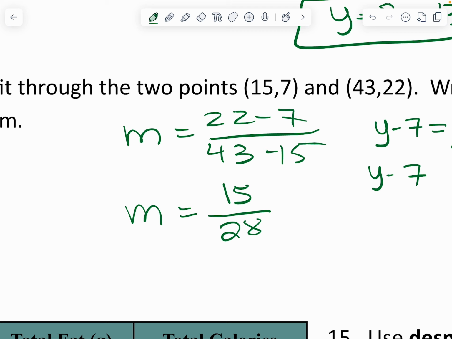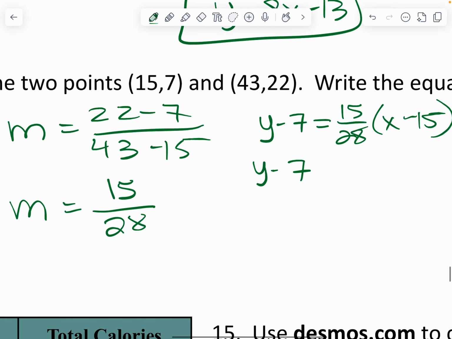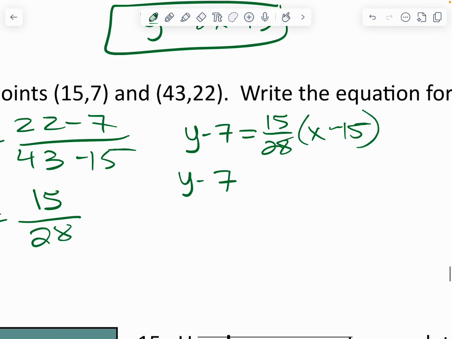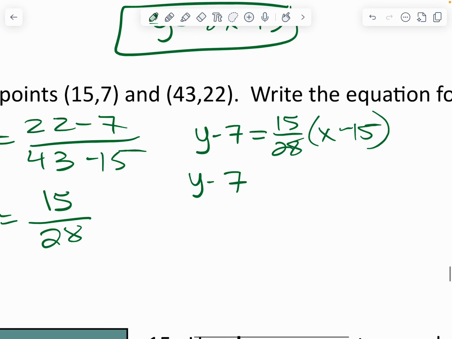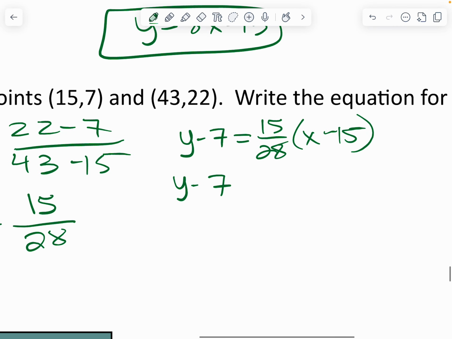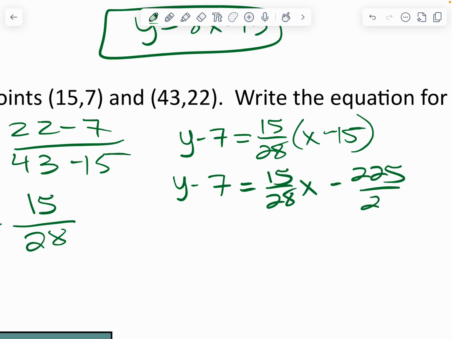Okay. Somebody has the wrong answer in the answer key. 22 minus 7. Yeah, that answer key is wrong. 15 over 28x minus 225 over 28. Add 7.